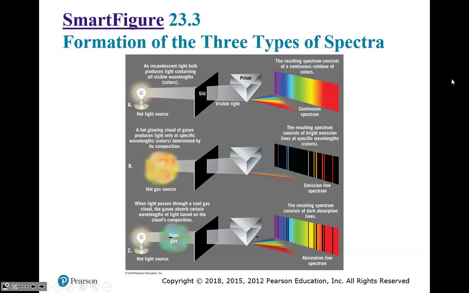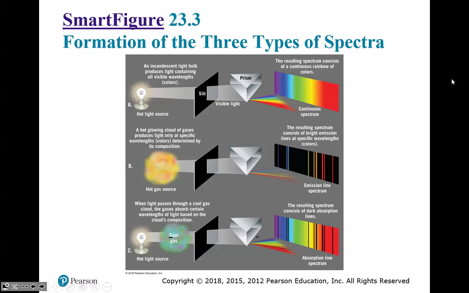So that's very helpful, because anything that you can see light passing through, you can get some information about what it's made of. So continuous spectra tell you temperature, and you can also figure out size by comparing the continuous spectrum and the brightness, if you know the temperature and the brightness.